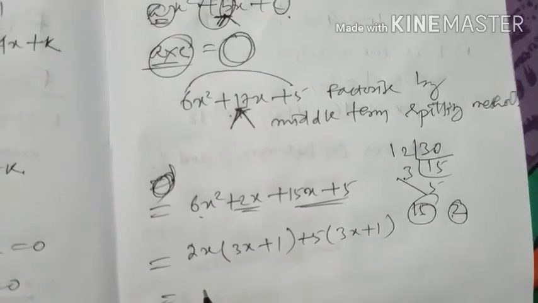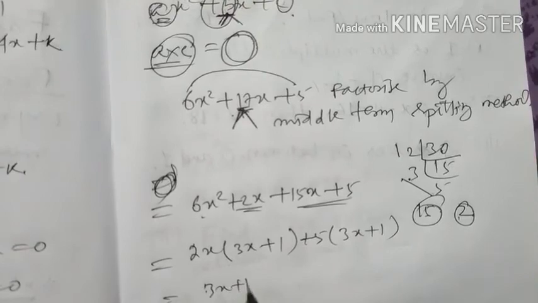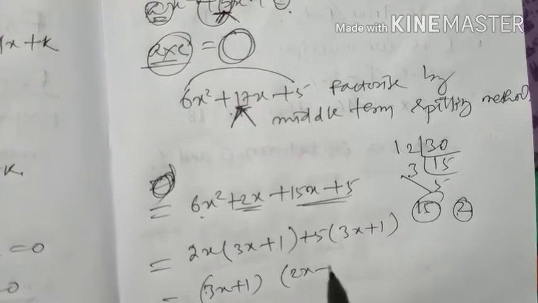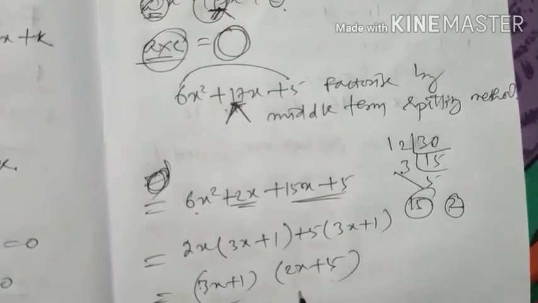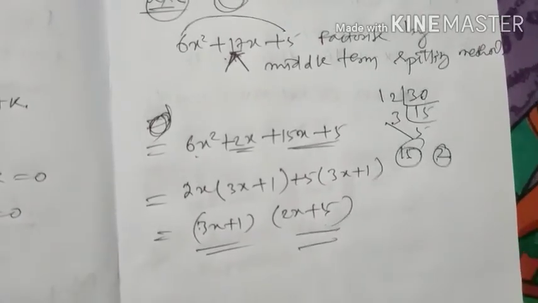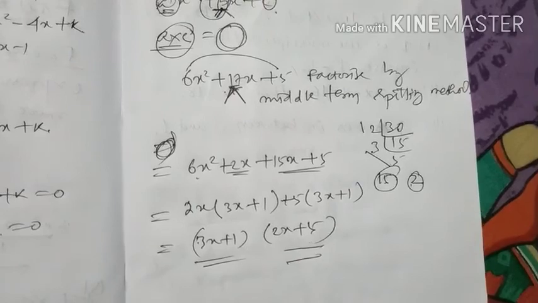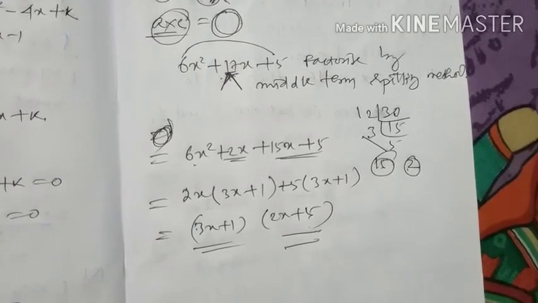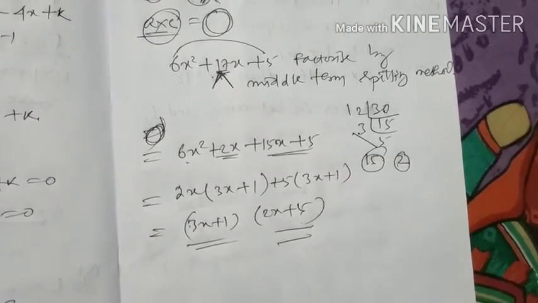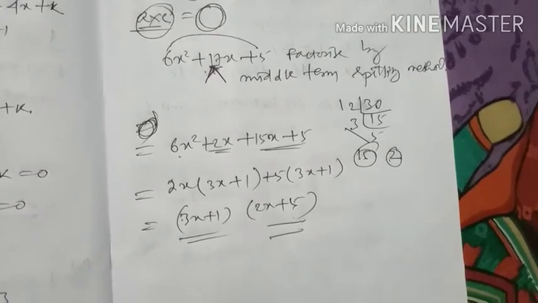After taking 3x plus 1 as common, you will get 2x plus 5. So now you can see that the factors of the polynomial 6x square plus 17x plus 5 are 3x plus 1 and 2x plus 5.